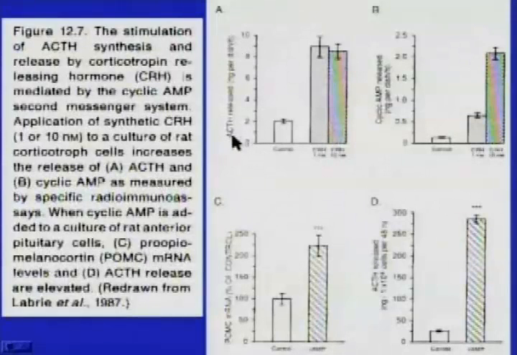The dependent variable in this case is ACTH released into the medium, and the units are nanograms per dish. Control levels are at about 2 nanograms, and there is not a dose response, at least for these 2 concentrations of the synthetic CRH, each producing somewhere around 8 or 9 nanograms per dish.